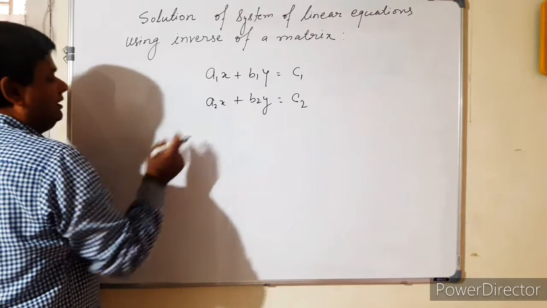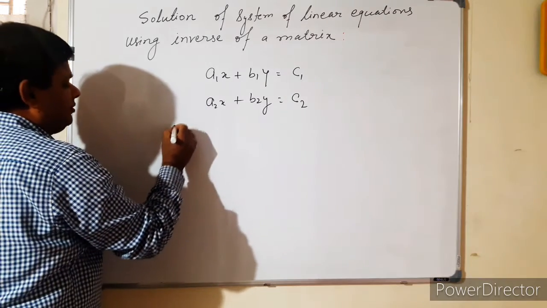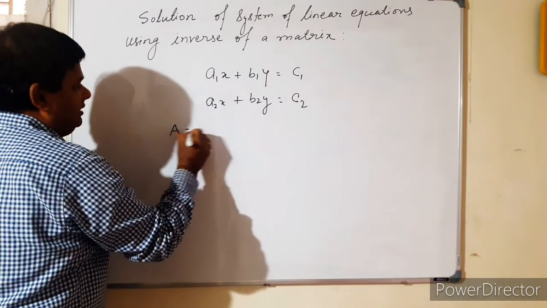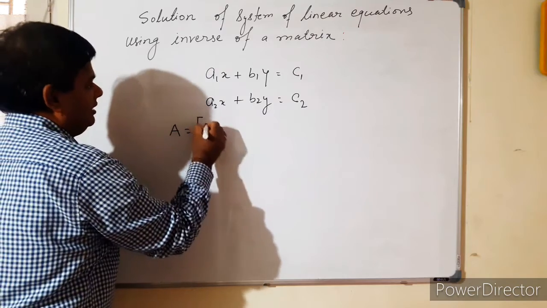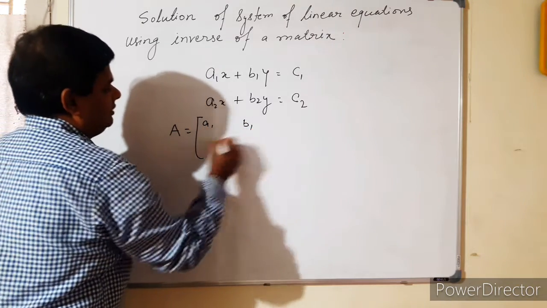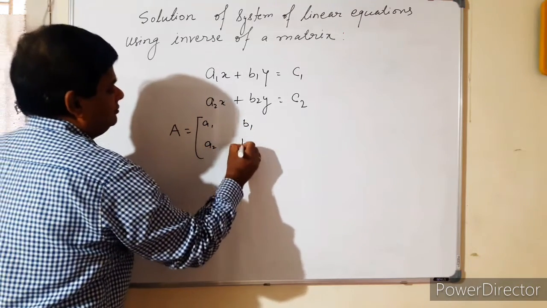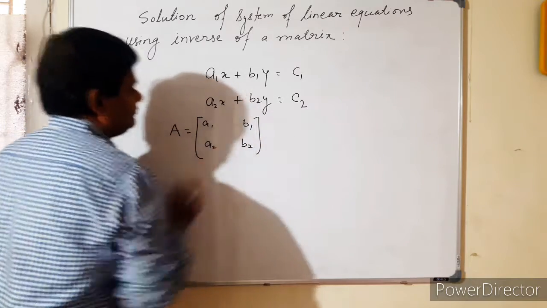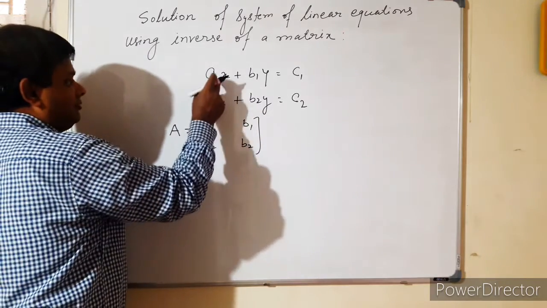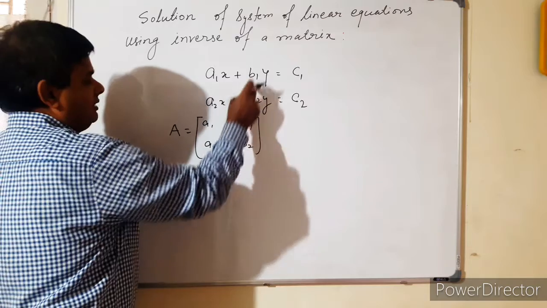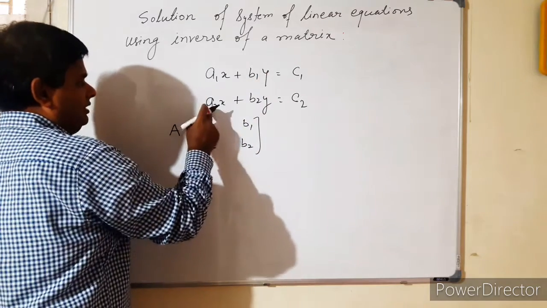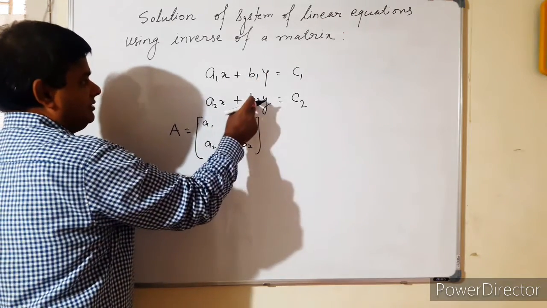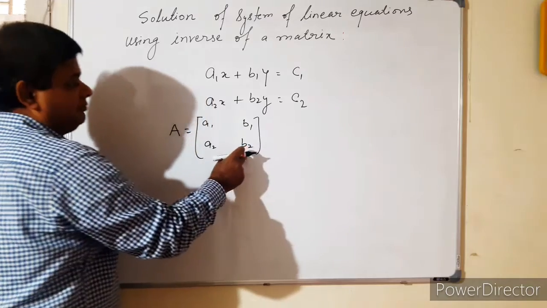This we can write in matrix form like this: A equal to [a1 b1; a2 b2], meaning a1 is the coefficient of x, b1 is the coefficient of y, a2 is the coefficient of x, b2 is the coefficient of y.